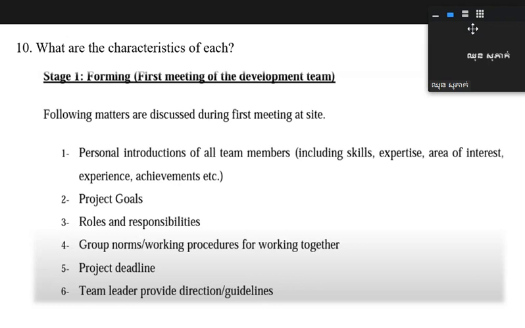And 4, group norms, working procedures for working together. And 5, project deadline. And 6, team leader provides directions or guidelines.